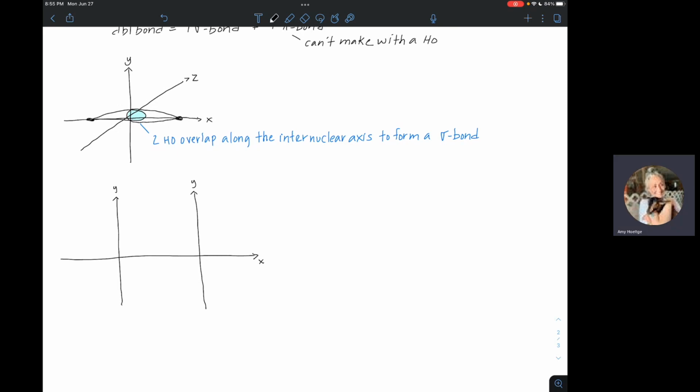So I'm going to have two different atoms that are going to come together. Each one is going to form a pi bond from two unhybridized p orbitals. There's one p orbital on its y-axis. So we have another carbon atom. It's going to form a pi bond with the other carbon atom.